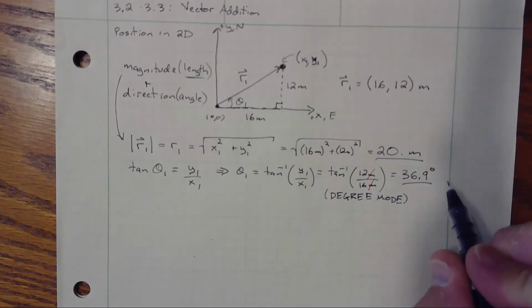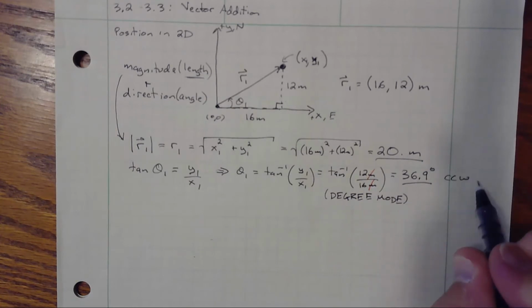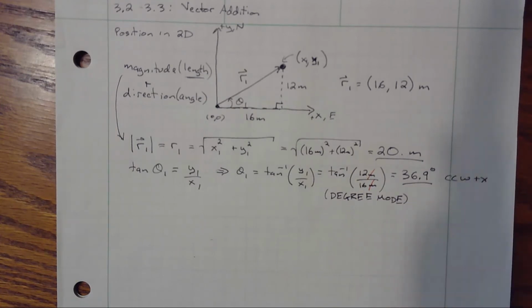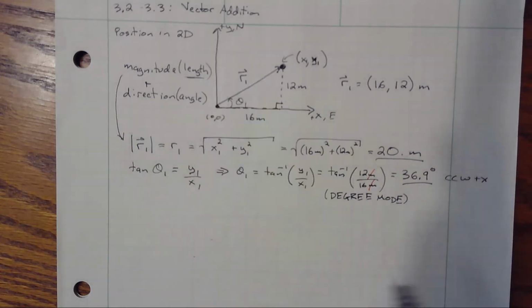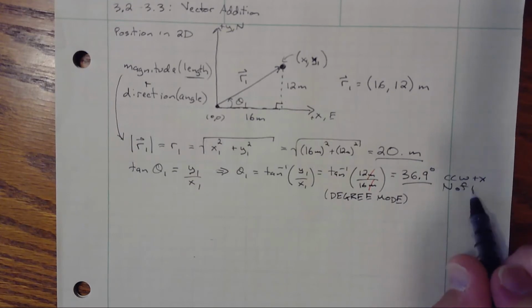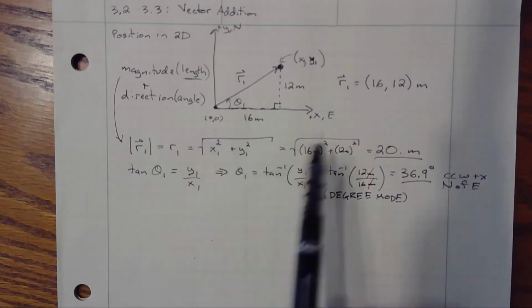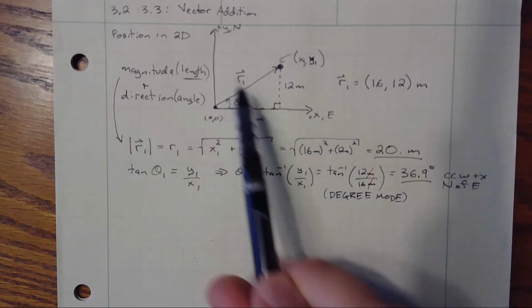And if we have this picture here, we can write this as being counterclockwise from the positive x-axis, or since we're also writing this in terms of the cardinal directions, this is equivalent to saying it is north of east, meaning we start east, which is our positive x direction, and move towards the north, the counterclockwise direction.